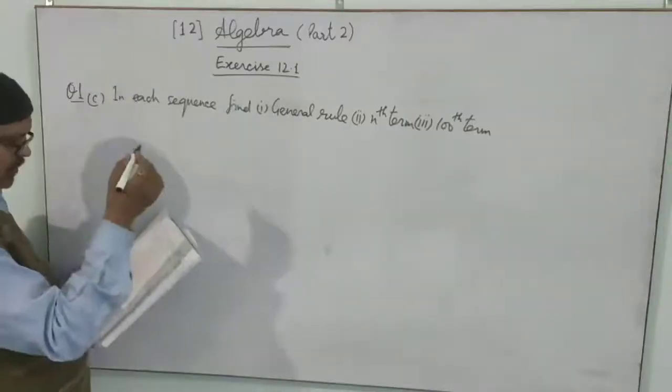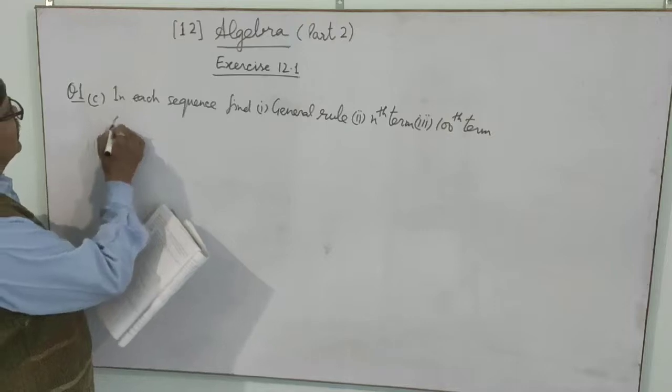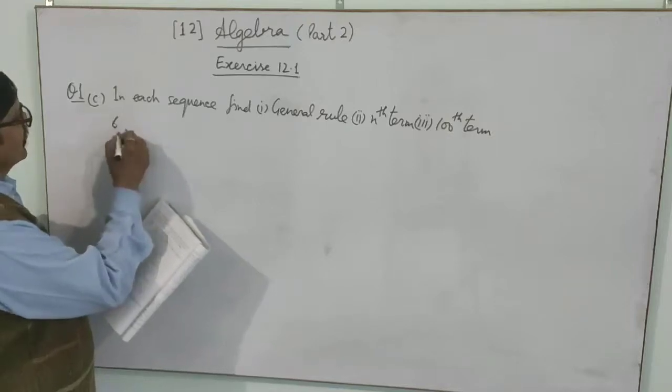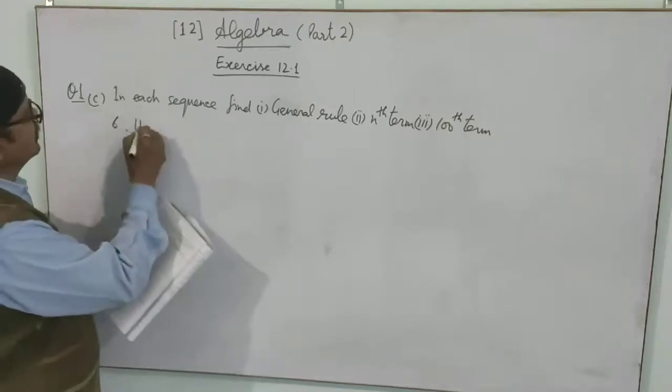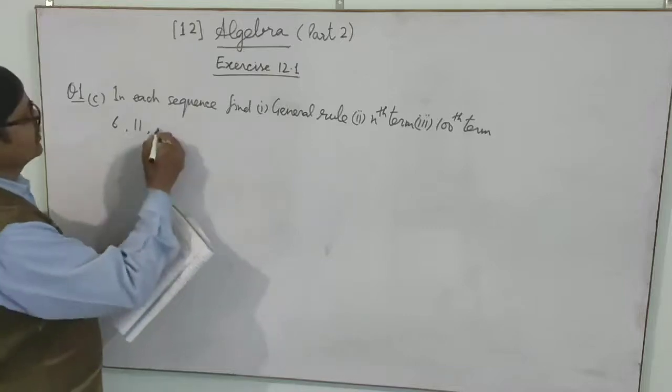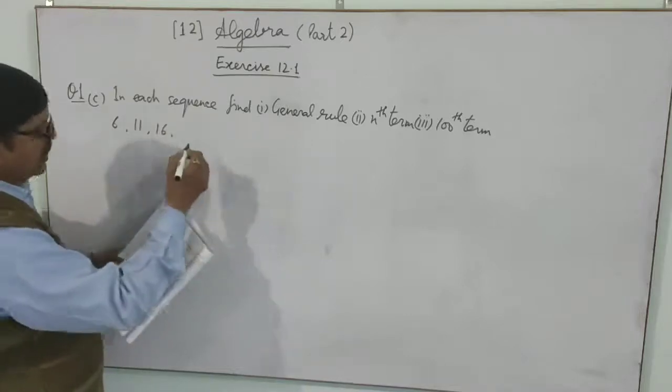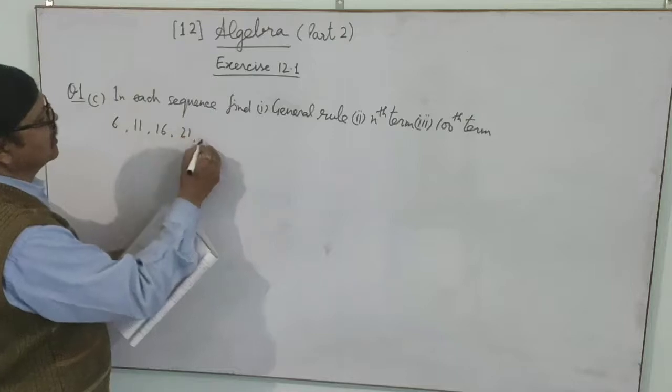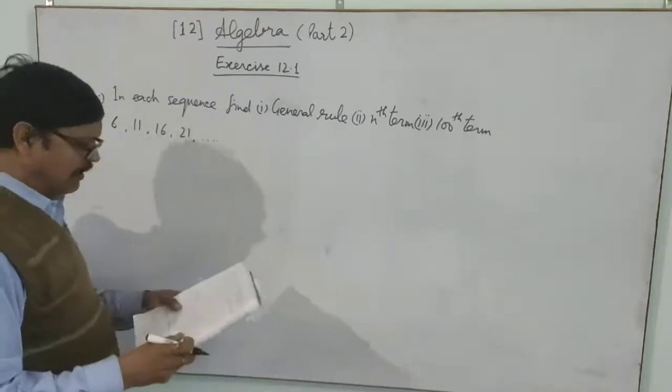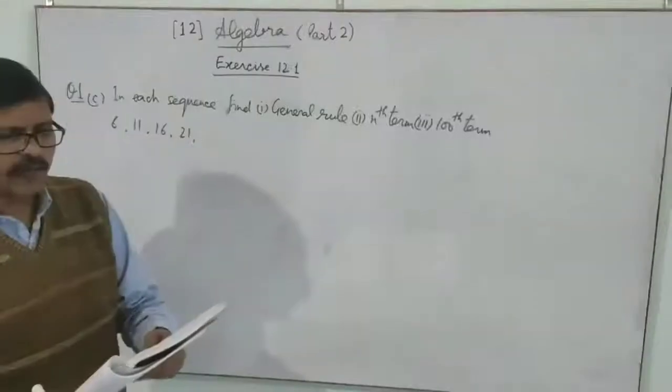And the sequence is 6, 11, 16, 21 and so on. So what is the general rule for this?